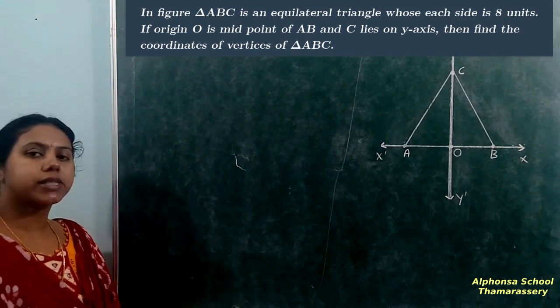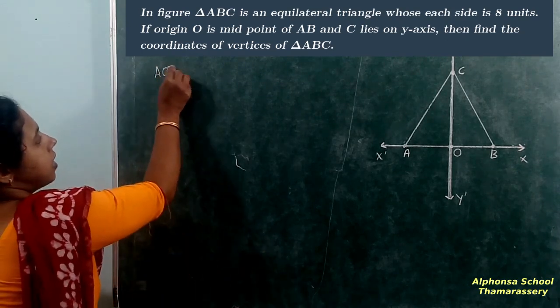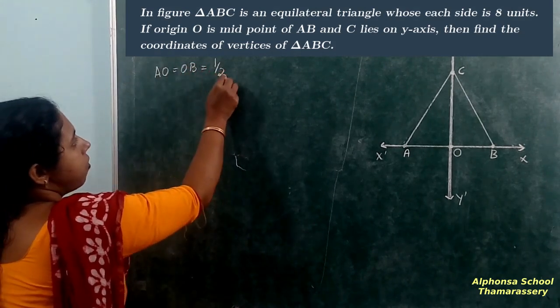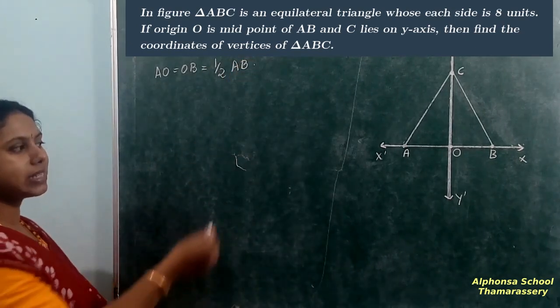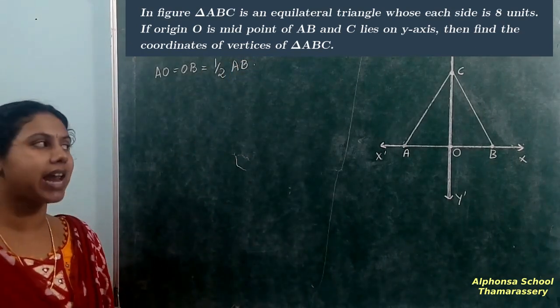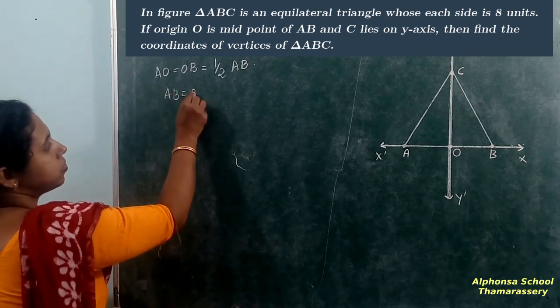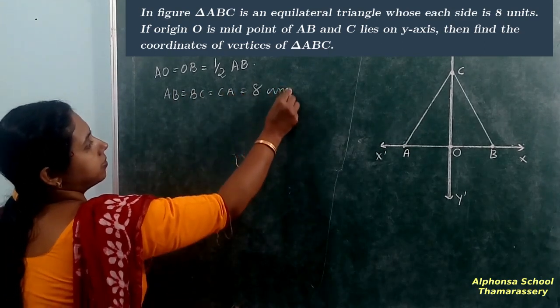It is given that O is the midpoint of AB. That means OA is equal to OB is equal to half of AB. Each side of this equilateral triangle is 8 units, so AB is equal to BC is equal to CA is equal to 8 units.